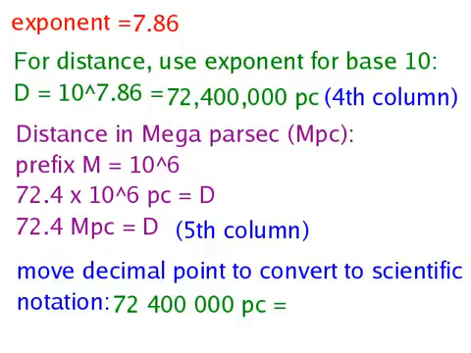Since we have an integer number, so that it's not like point something, we just put the decimal point here at the end of the number. And then normally when we would convert it into scientific notation, we would move the decimal point as many times as it takes to get just one digit in front of the decimal point. But because we're looking for a factor of 10 to the 6th, we want to just move it by 6 places.